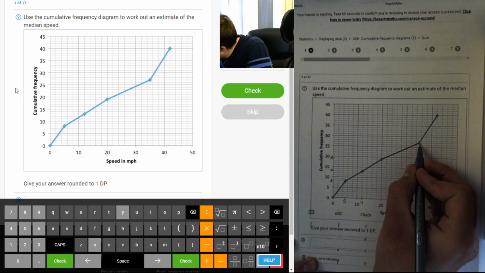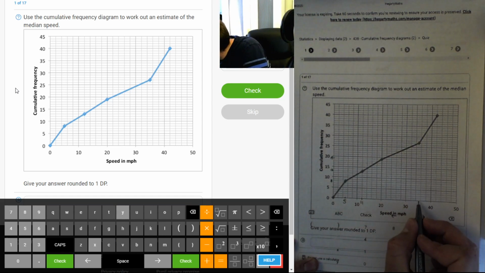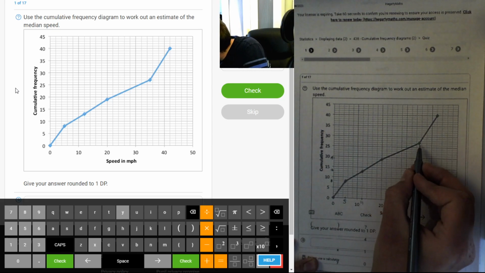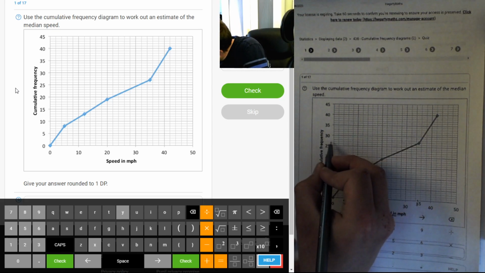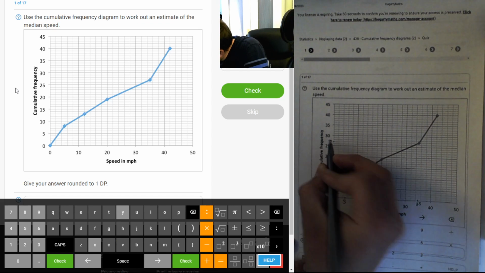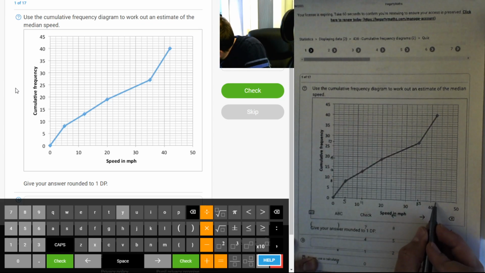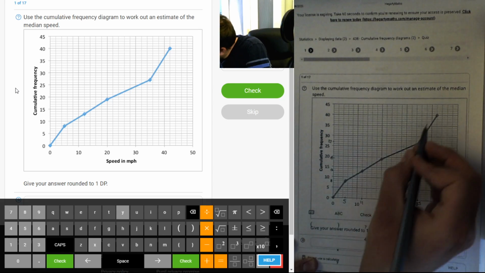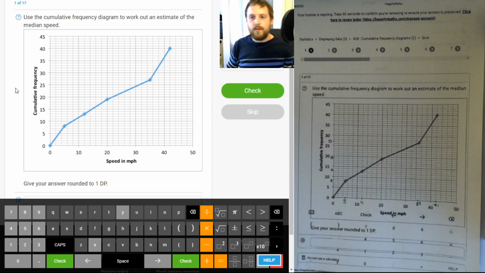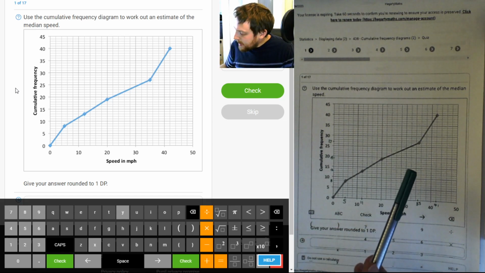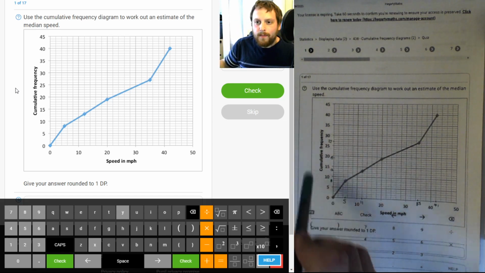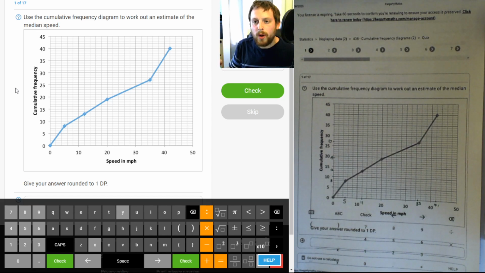Anyway, let's keep going. So this is, what's this? This is 35. And if I go all the way along, 27. And 41, 40. Right. So the Y number is how many there were less than the X number.